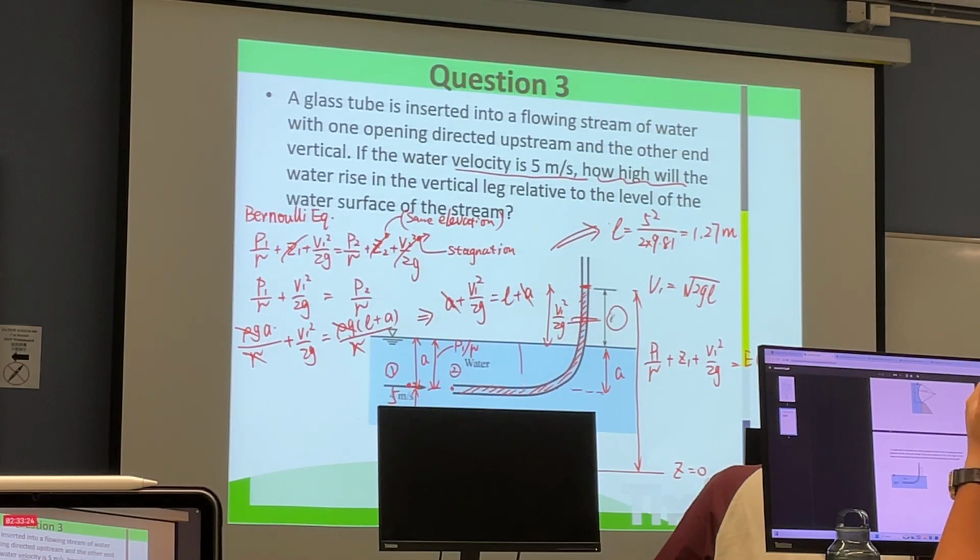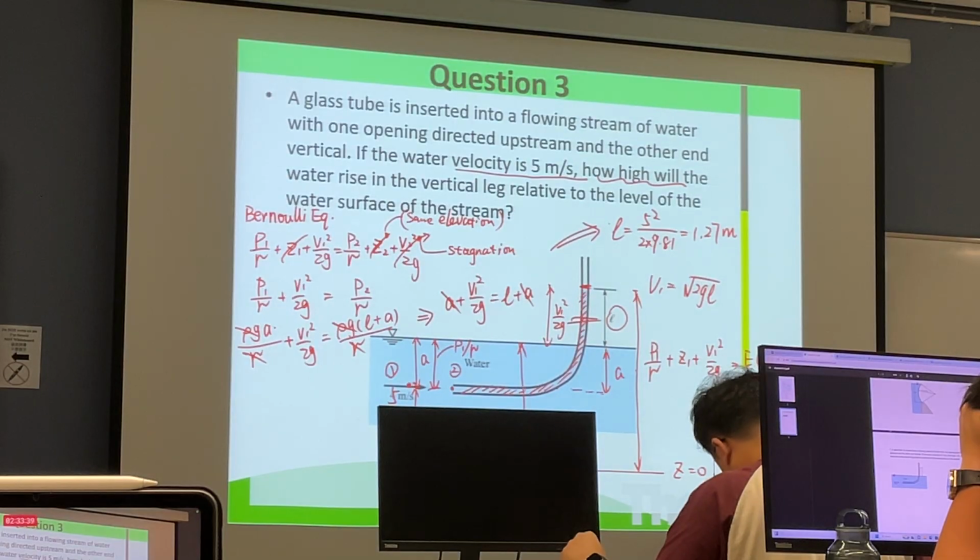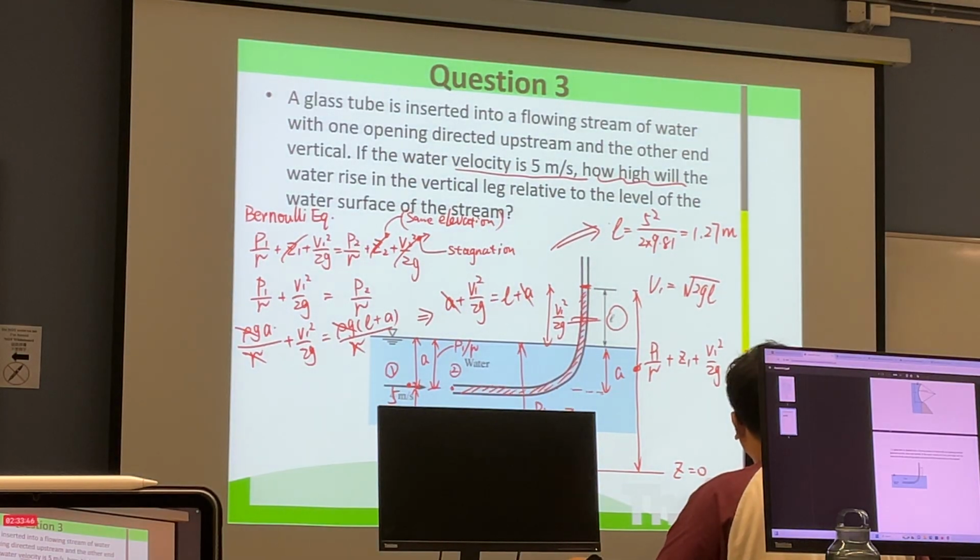And the visible water level here is calculated as P1 over gamma plus elevation 1. So the visible water level represents the HGL, the hydraulic grade line level.